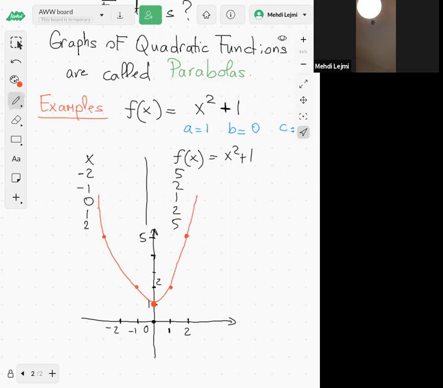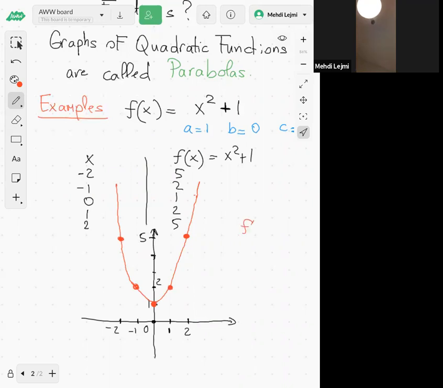This is -2, so the image is 5 here, sorry. Now it looks better. So this is the graph of my function f.